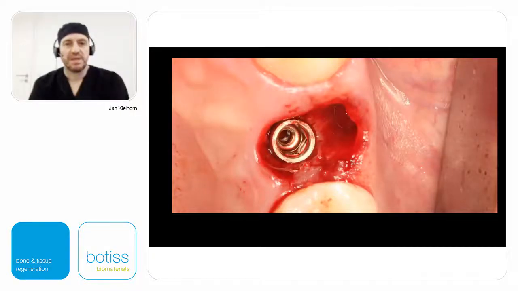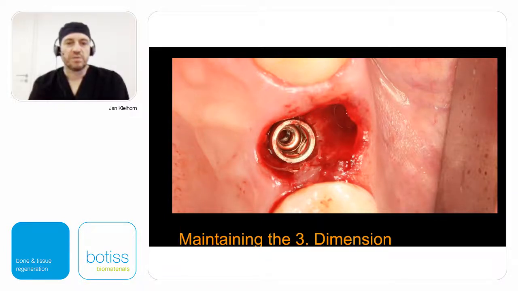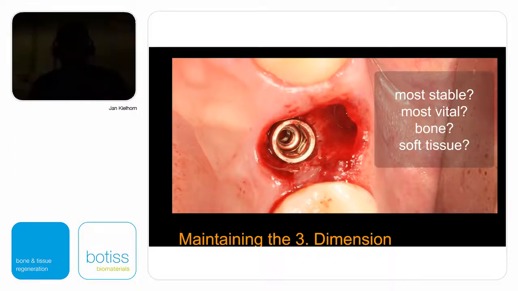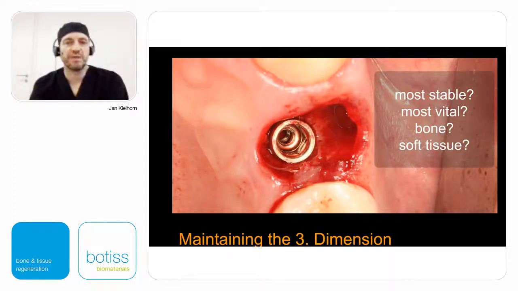Now, to see the benefits, for example, when we place an implant in an immediate socket, and we would like to augment the vestibular part of the alveolus, the thing is, what do you want to achieve? To maintain the third dimension beside the implant, all covered in nice autogenous bone, we would need something that is most stable. We want that soft tissue to be supported, if we want the bone to be there for the next decades.